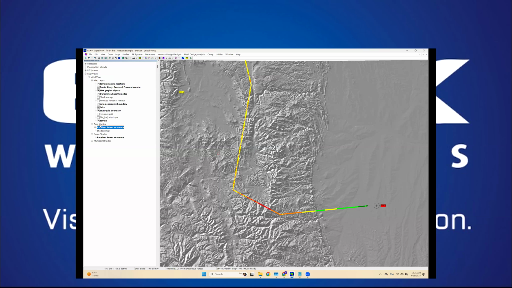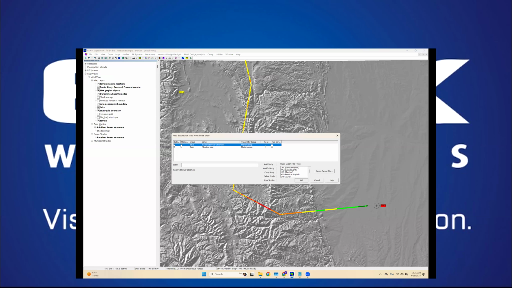I want to know deliverable megabits per second up and down from my drone. And this would apply just as equally if we were looking at broadband to aircraft or telemetry of some kind to aircraft, whatever the case may be, we would define the study metric that we want to see.